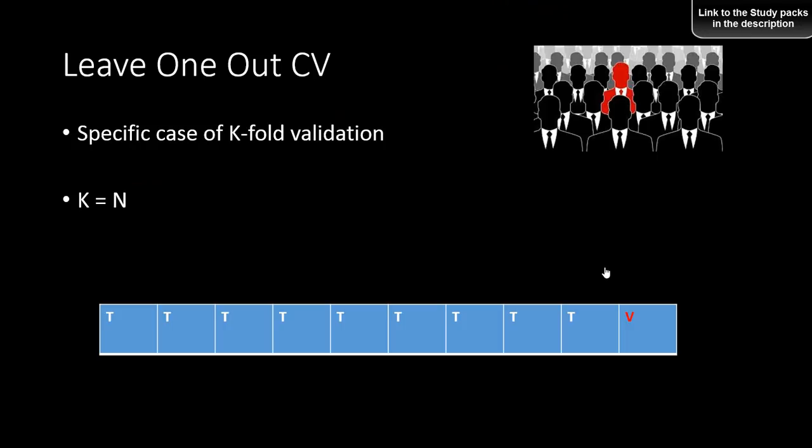So leave one out cross validation, the third type of cross validation. Now this is more of a generalized case of k-fold cross validation. Instead of just taking k equal to 5 to 10, okay, these are small numbers, right?